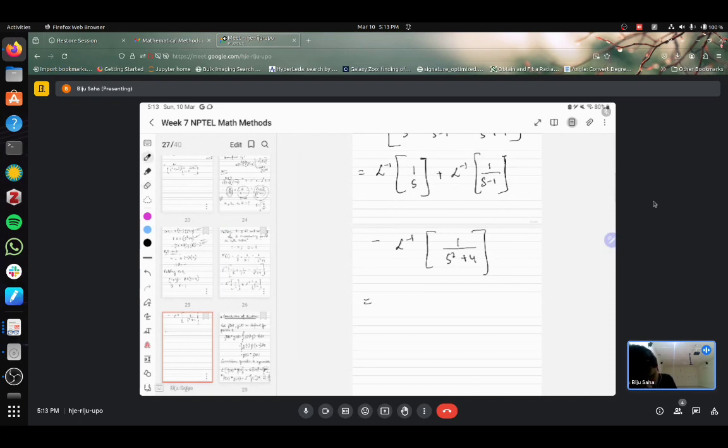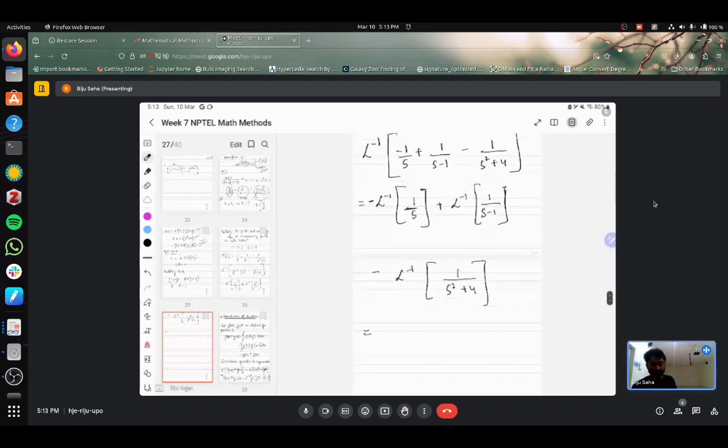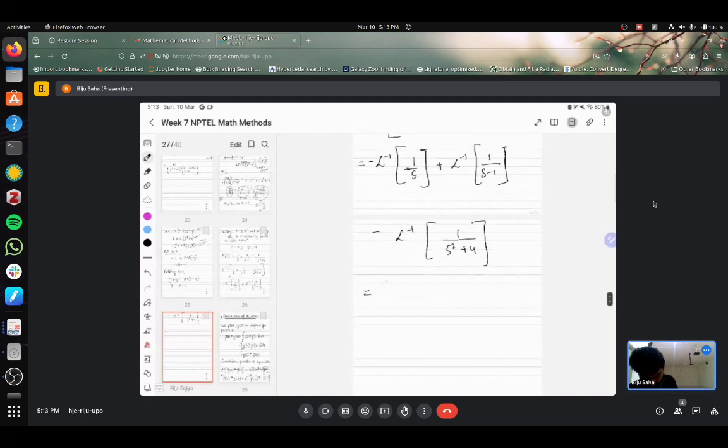You can bring this minus outside. So L inverse of 1 by s. Remember, 1 by s was the Laplace transform of which function? It was the Laplace transform of constant 1.